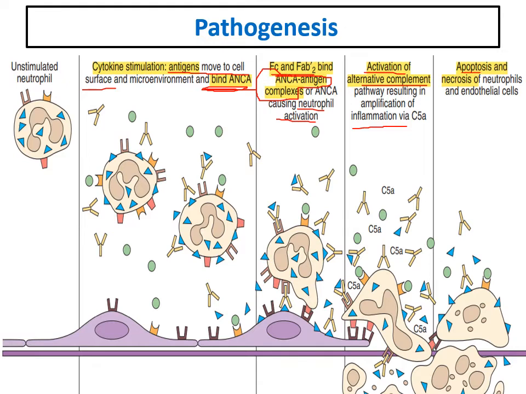This will lead, at the end, to apoptosis and necrosis of neutrophils, generation of toxic oxygen metabolites, and release of lytic enzymes that will affect the endothelial cells, causing vasculitis at the end.